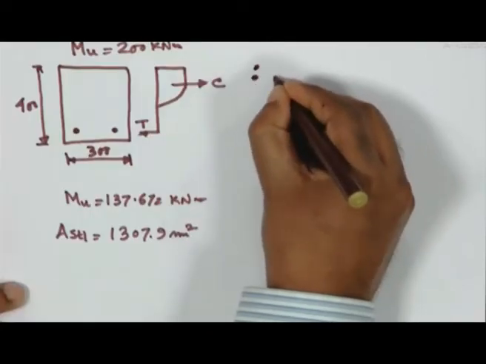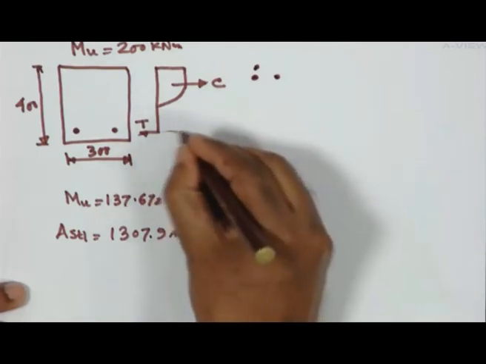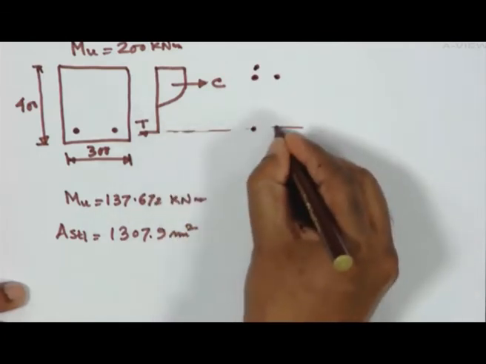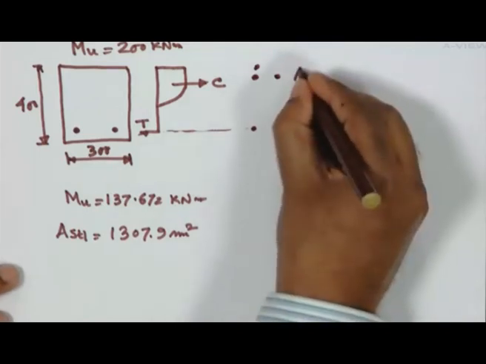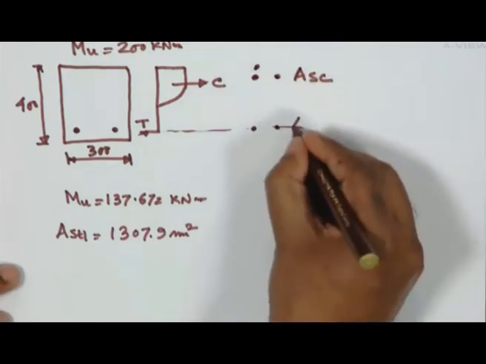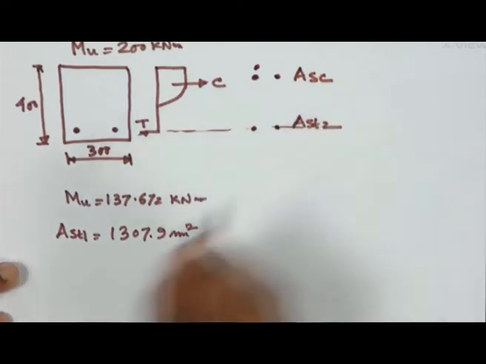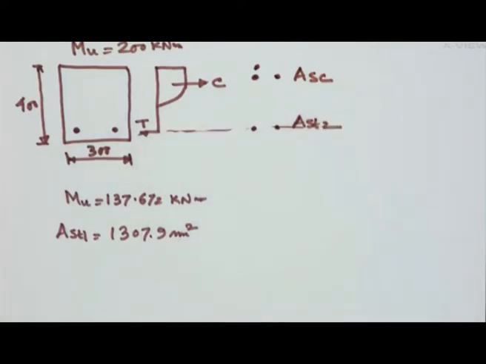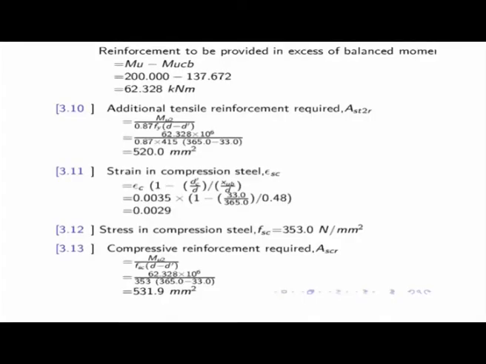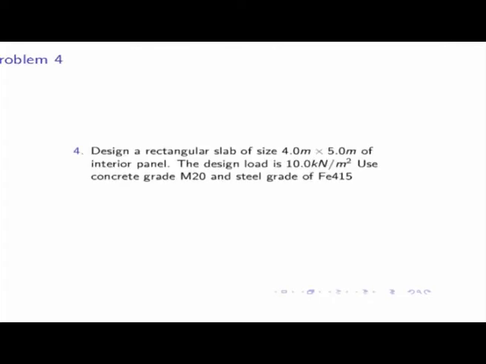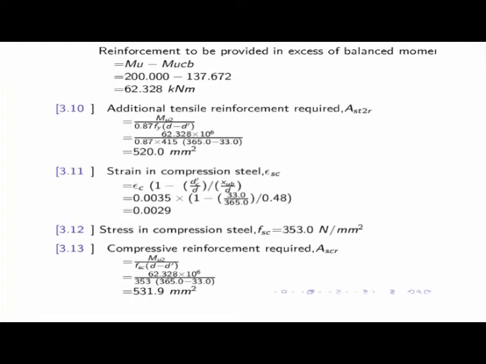Some reinforcement I shall provide here, some reinforcement along this line I have to provide here. This one we call Ast2, and another one we call Asc. So how much will be the steel, that I have to find out. So I have to find out that Asc.